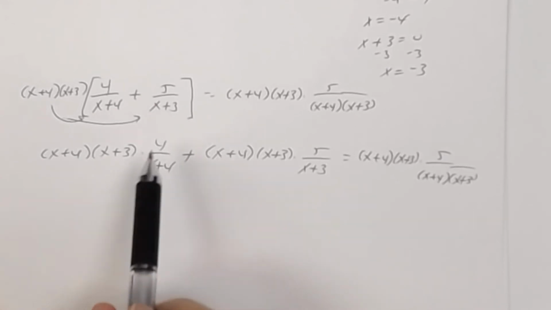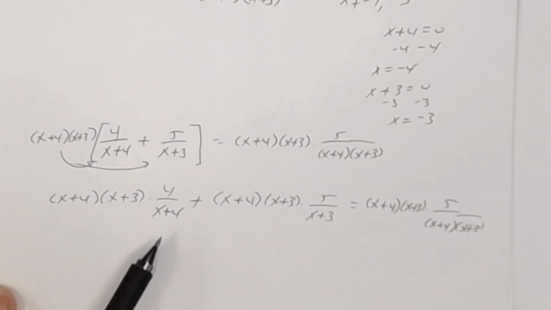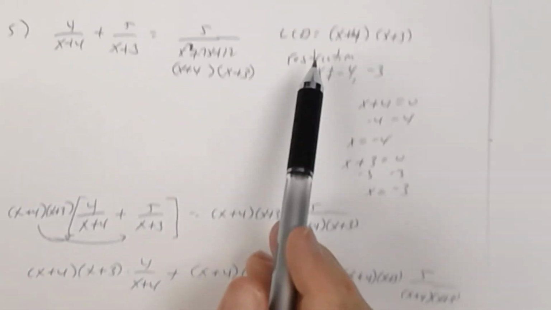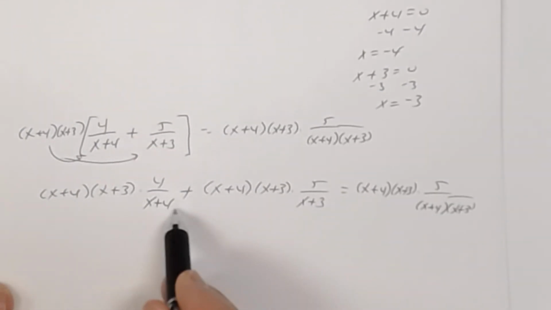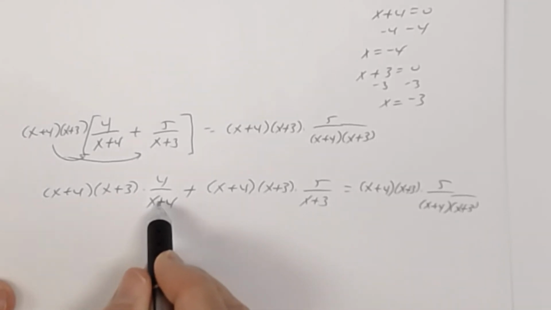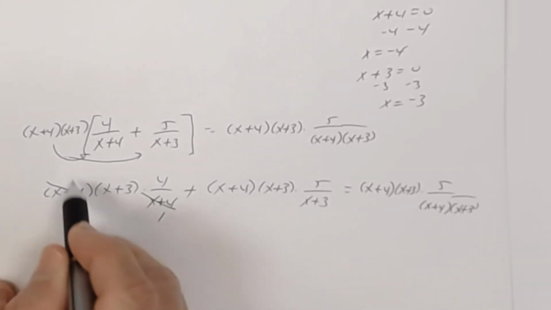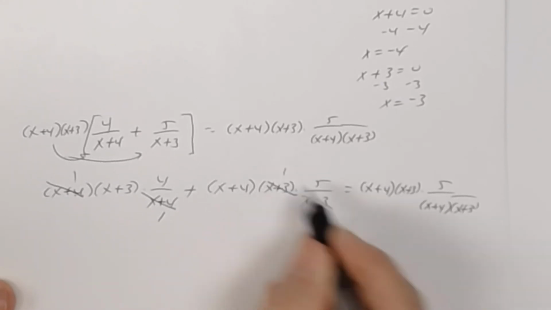All right, now at this point, remember the whole point of multiplying by the LCD is to clear those fractions. So these should now be factors of 1s, and they are, because notice that x plus 4, you have a factor here in the LCD, so those divide out. Make sure you put factors of 1s in their place. Same thing here, the x plus 3's divide out.